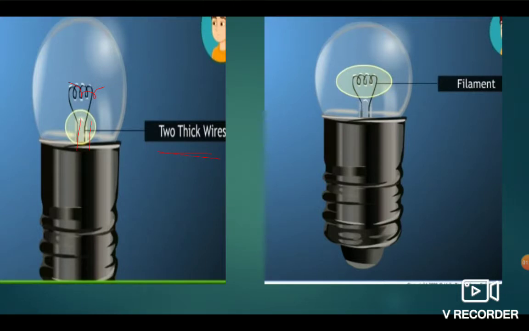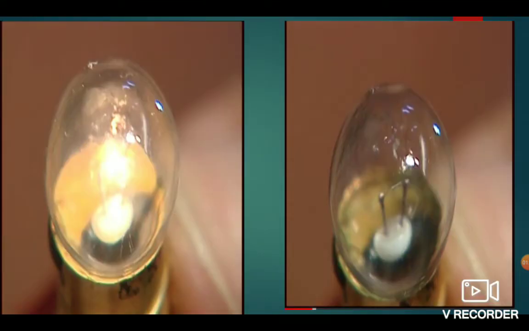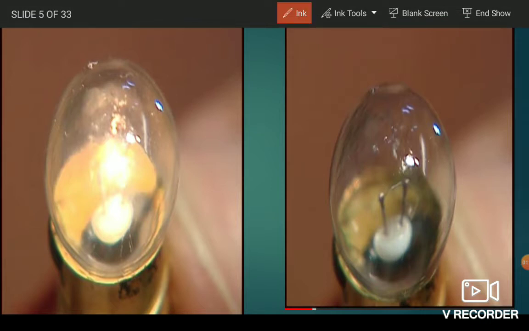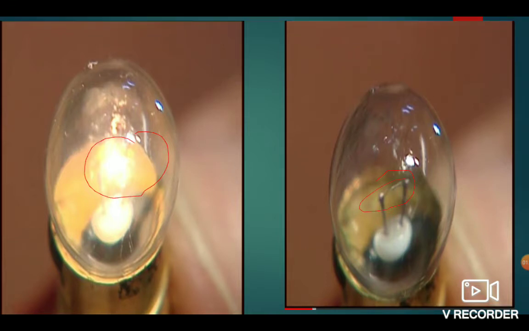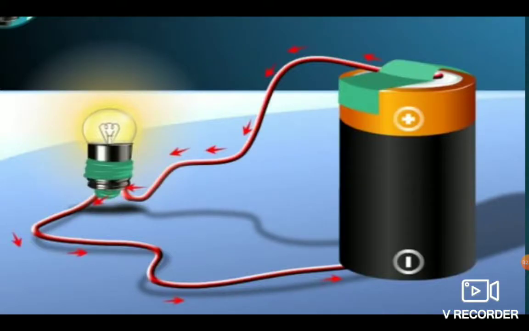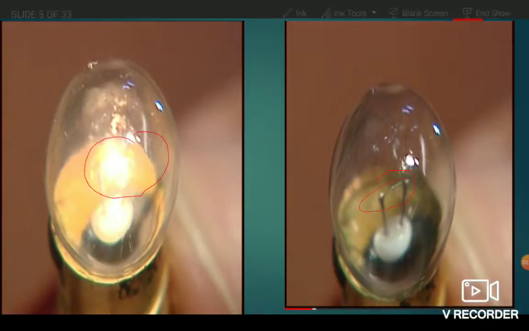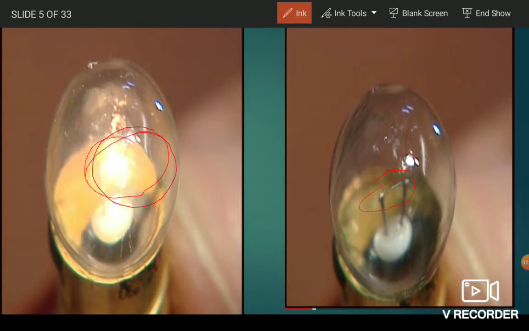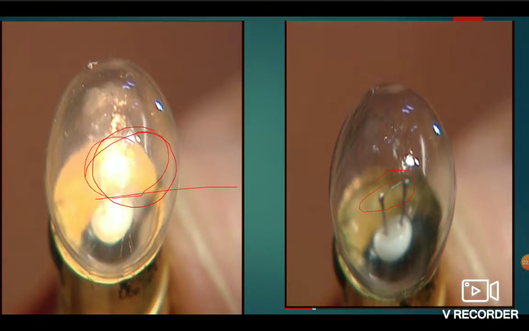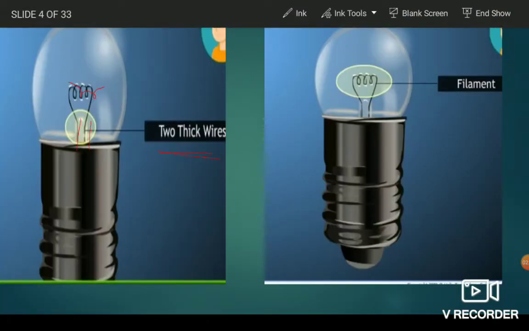And this thin wire glows when connected to the cell. The portion of the bulb which glows is known as the filament.